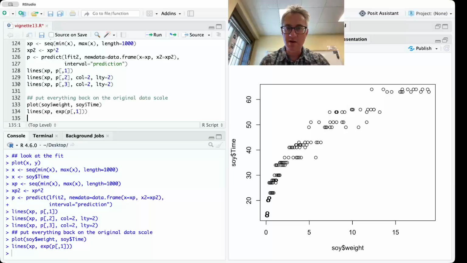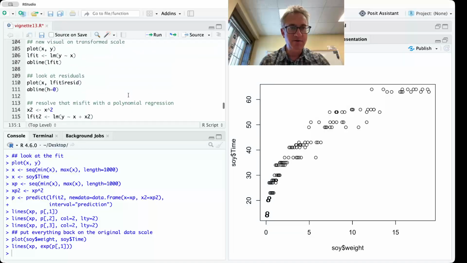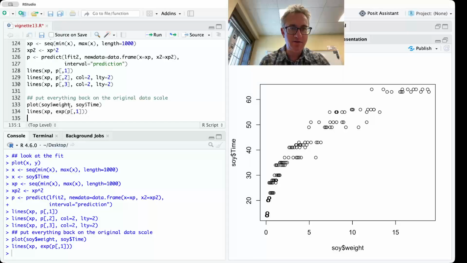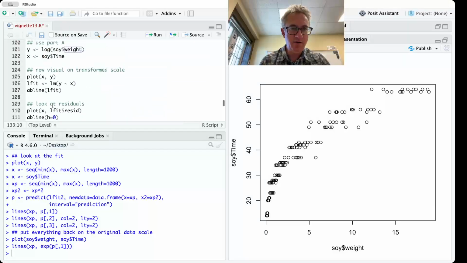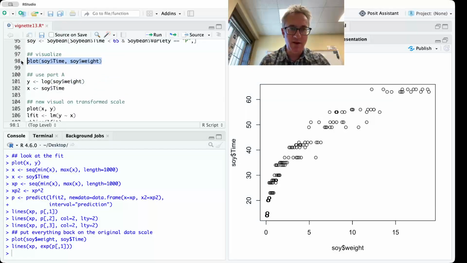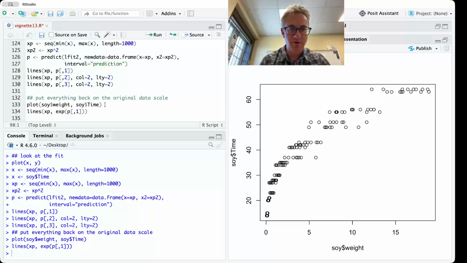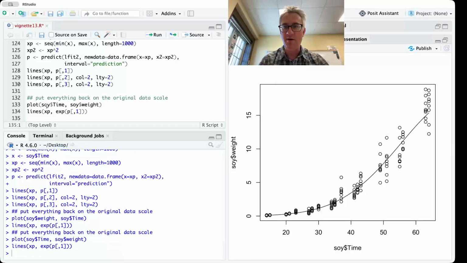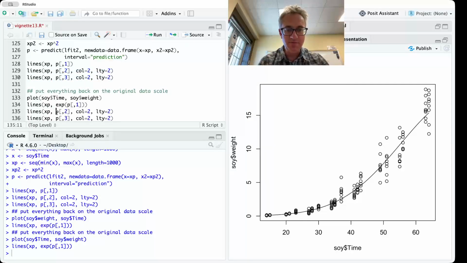But that did not do anything. Oh, it's time, and I did it again. It's time and then weight. Yeah, I just need to go a little slower. Time and then weight. Now my line will go on there.